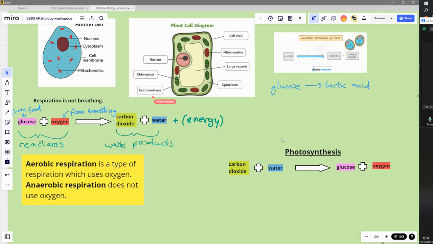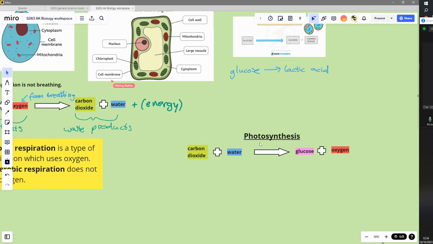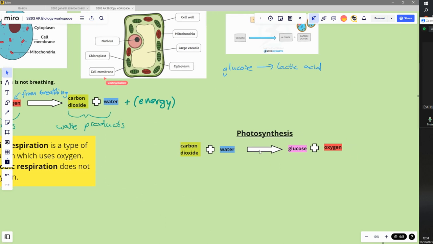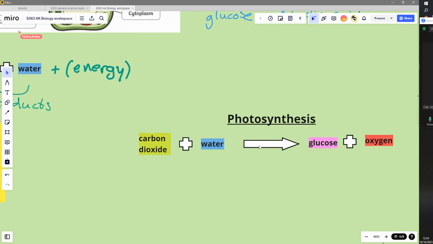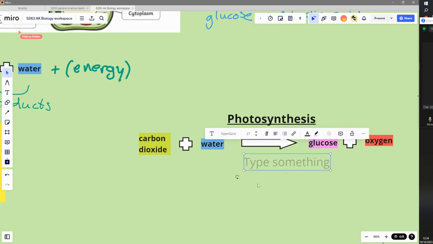Often exothermic reactions produce heat, and you can feel something getting warmer. Photosynthesis would therefore be endothermic. It takes energy in. So where does it get the energy from? Well, we already know, don't we? It's from the sun. Well, not just the sun, but any light, really. It doesn't need to be sunlight, just light.